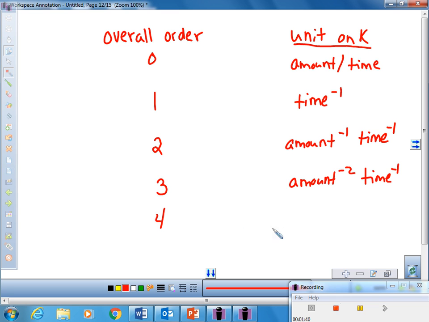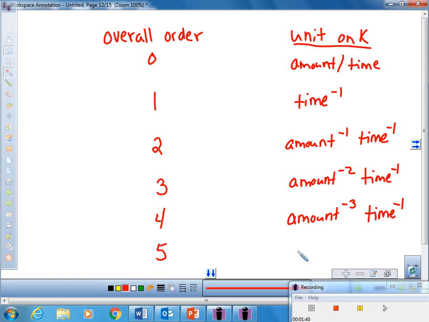So maybe you could predict this one. If it's a 4, which is rare by the way, you get negative 3 here and a time to the negative 1. Hopefully 1 plus 1 is 2, 2 plus 1 is 3, 3 plus, and time is always staying a negative 1. Zero order is the only one. And very rarely would you ever see this, but I think there's one like this on the worksheet.